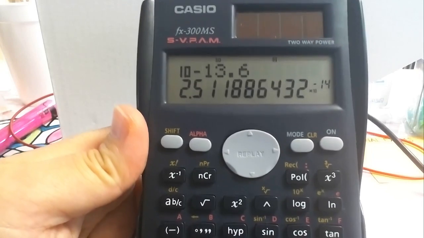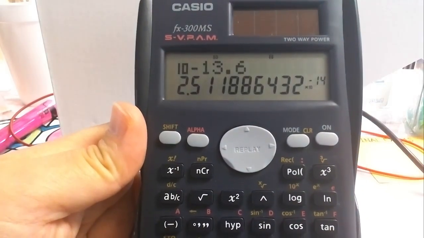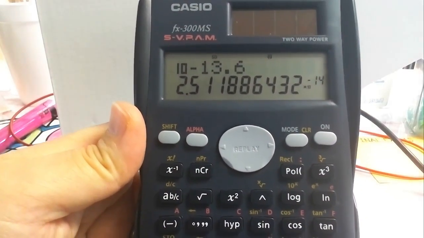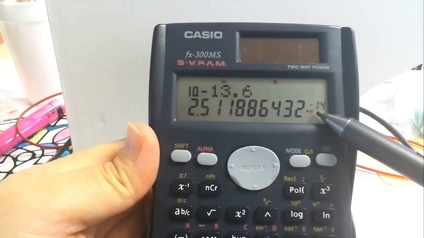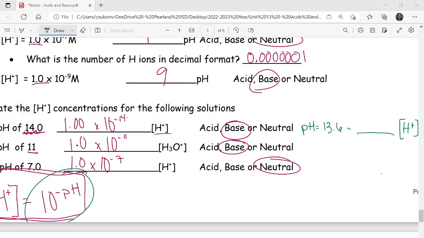So 13.6, I would round that to 2.51. So 2.51 times 10 to the negative 14th. So I'm going to write that. 2.51 times 10 to the negative 14th. So just keep in mind that it's not always going to give you a nice, neat number.